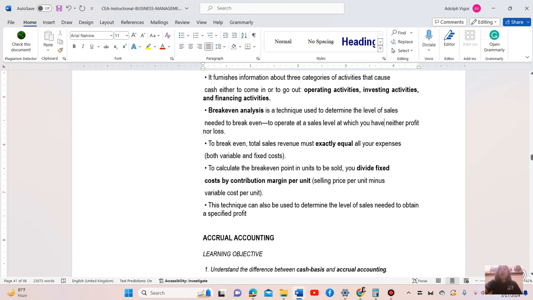To calculate the break-even point in units to be sold, you divide fixed cost by contribution margin per unit: the selling price per unit minus variable cost per unit. This technique can also be used to determine the level of sales needed to obtain a specific profit.